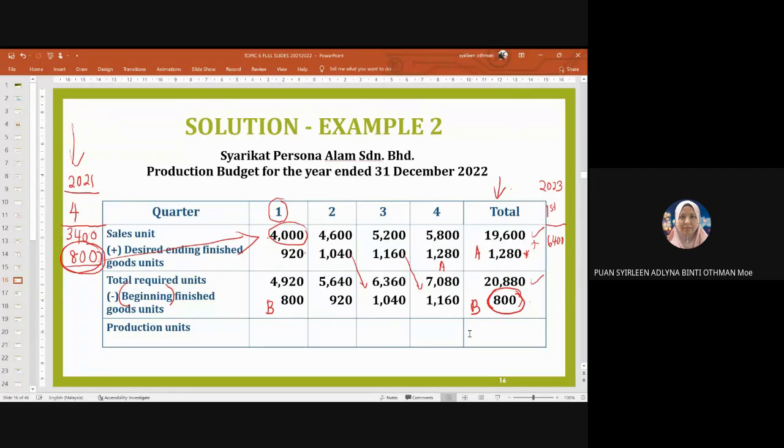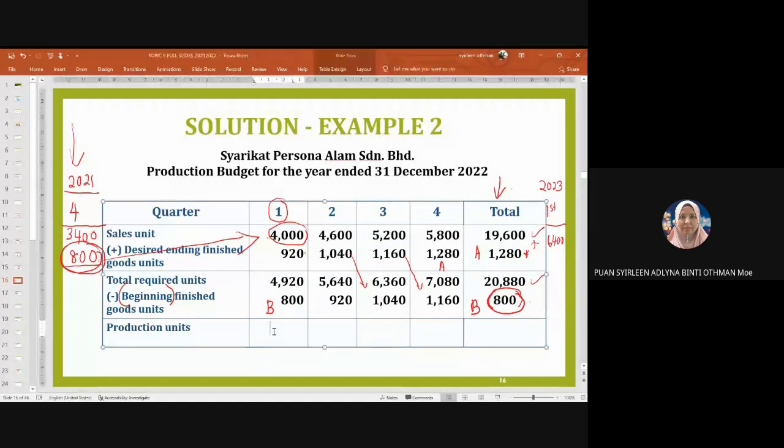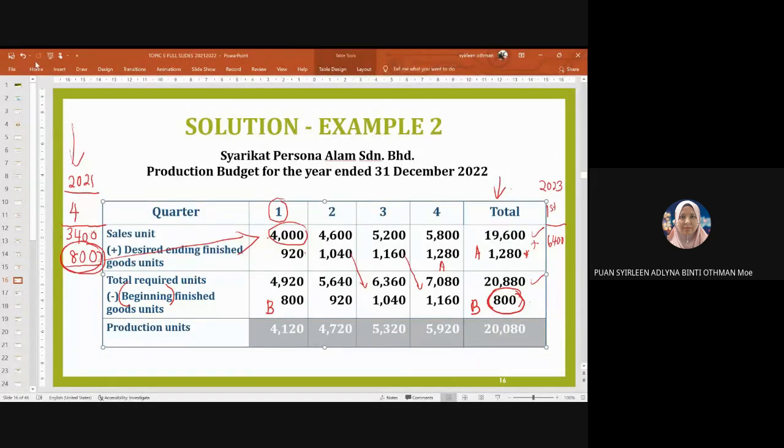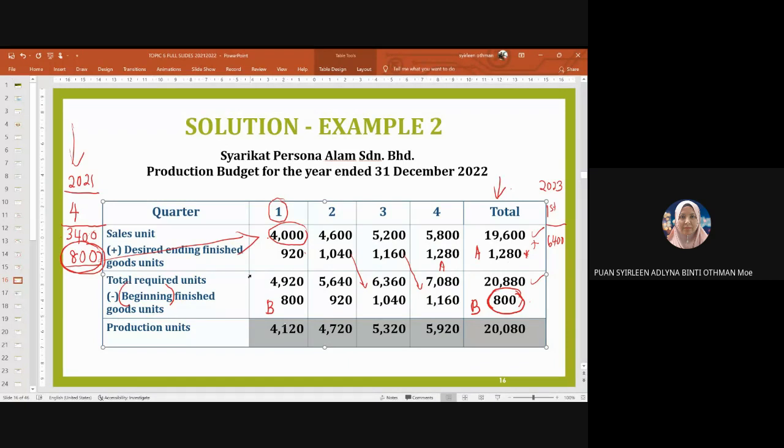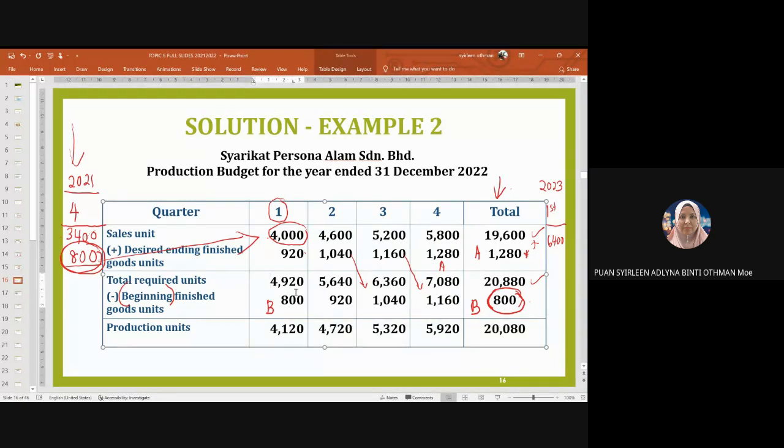Alright, so dekat sini nilai dia adalah nilai yang kita tolak lah. Okay, so untuk kolom pertama 4,920 minus 800, you dapat 4,120. Okay, second column 5,640 minus 920, kita dapat 4,720.